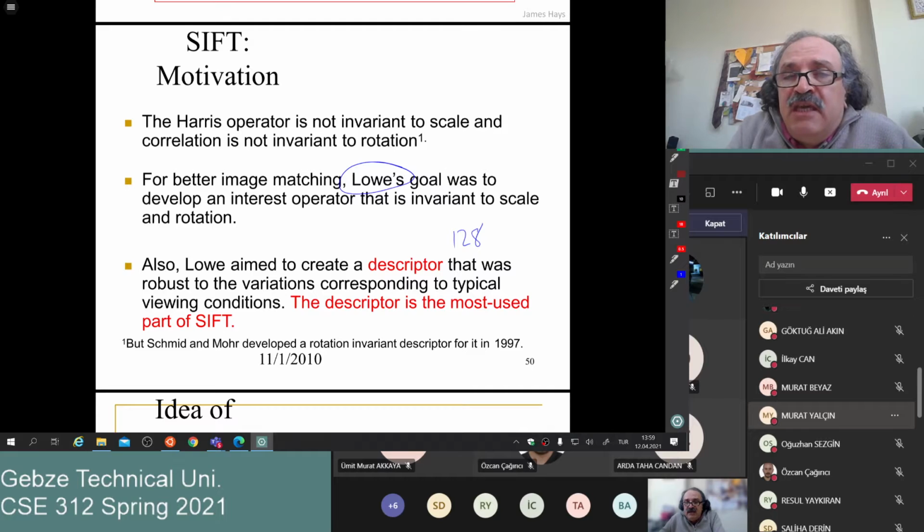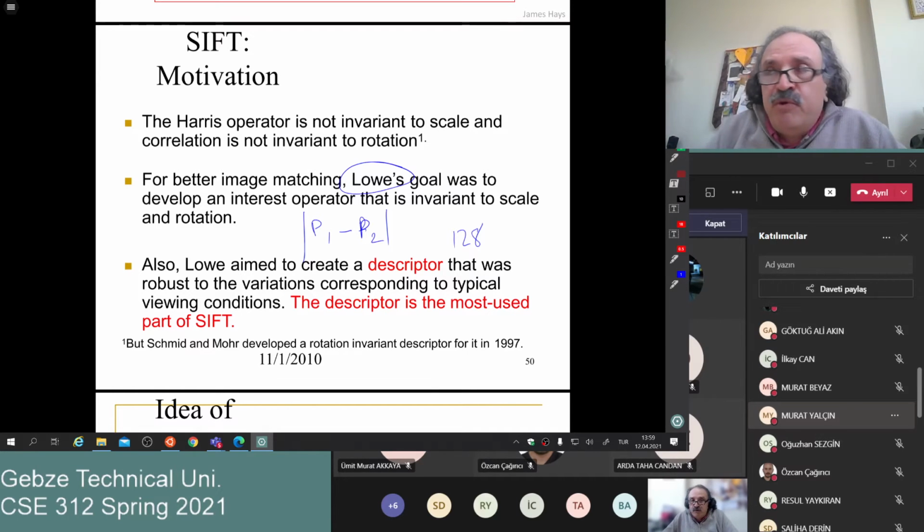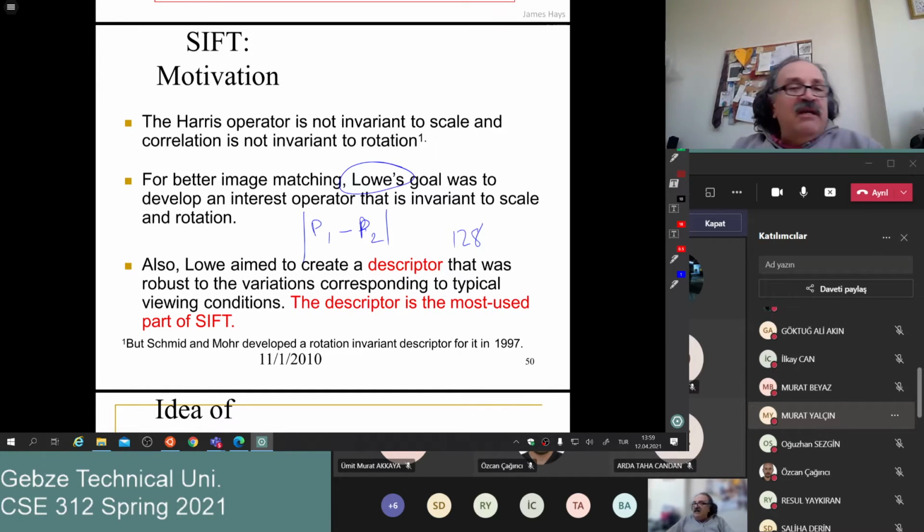And if I like to see if P1 is the same as P2, all I am going to do is take the difference between these two 128 dimensional descriptors of these 2 points, and if it is close enough, I will say that, okay, these 2 points are the same. Okay, so that's the descriptor part. And in fact, the most popular part of the SIFT interest point detector is the descriptor part.